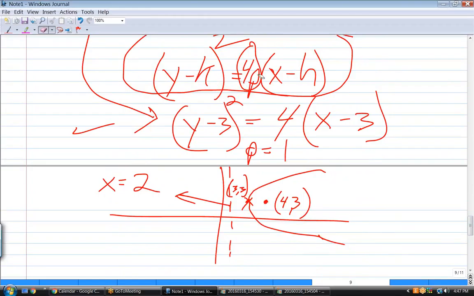But if I solve this equation and I get a negative p, it merely means that I have a parabola that goes this way, and to get to the focus, I have to go to the left. So that would be a negative p. If you haven't picked up on which way your parabola goes, to the right or the left, that will tell you. P will be positive for a right-facing parabola. It'll be negative for a left-facing parabola.